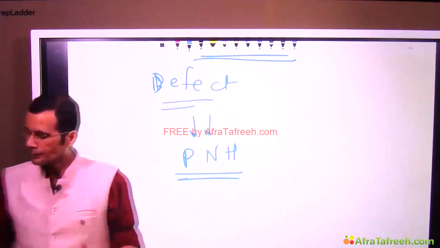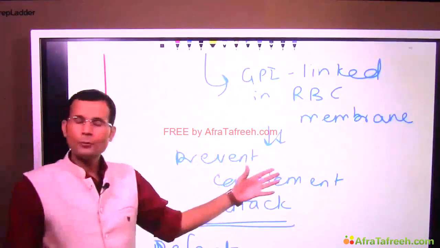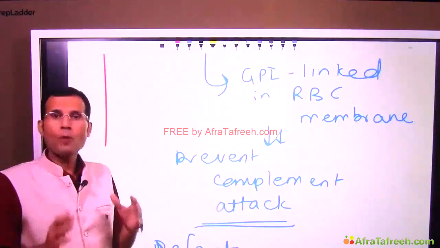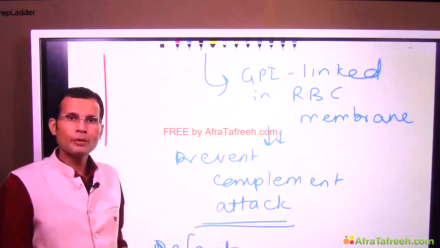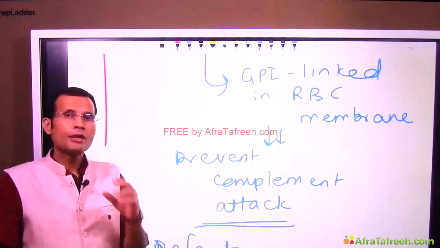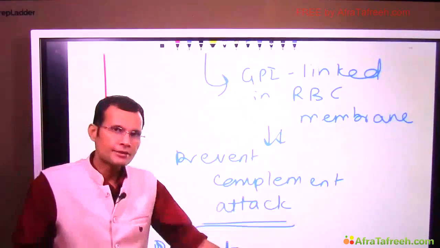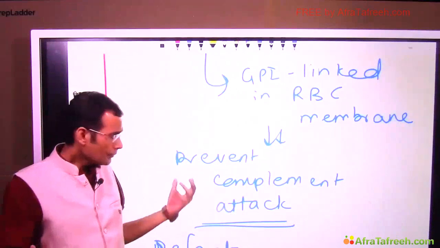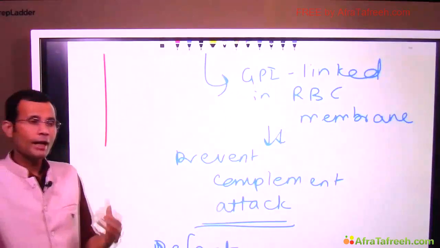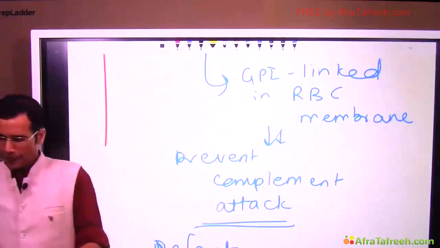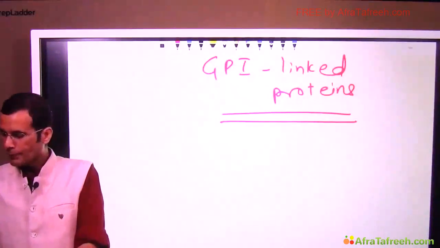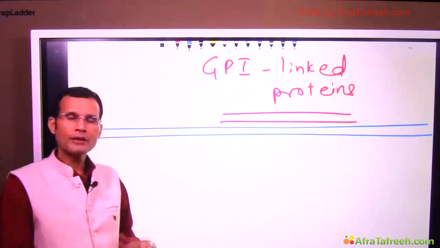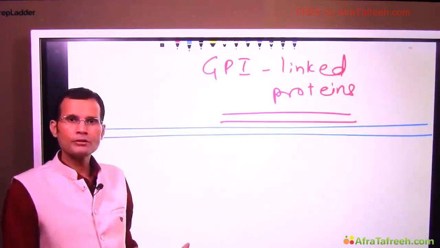Because simple, if these proteins are defective, then RBCs will come under complement attack by the body's own complement system, and there will be complement induced lysis of the red cells. And if the red cells are lysed in large numbers, then hemoglobin comes out and eventually is excreted into the urine. So these are the types of membrane proteins. At a very basic level, I wanted to describe the types of membrane proteins.